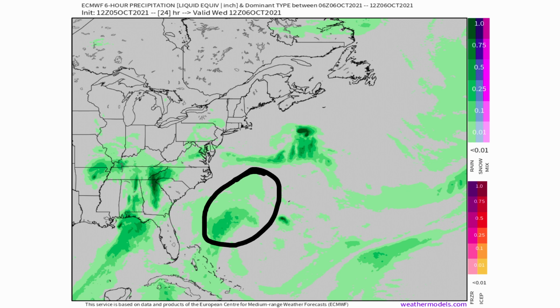We're not going to go too in depth into the threat of that, mainly because even if it does develop, I don't think it'll be too big of a system. So I don't want to worry anybody by spending a whole video talking about that, when in reality it'll probably only have the impacts of rainfall, not really any of the other tropically associated impacts that you normally think of with a tropical storm.